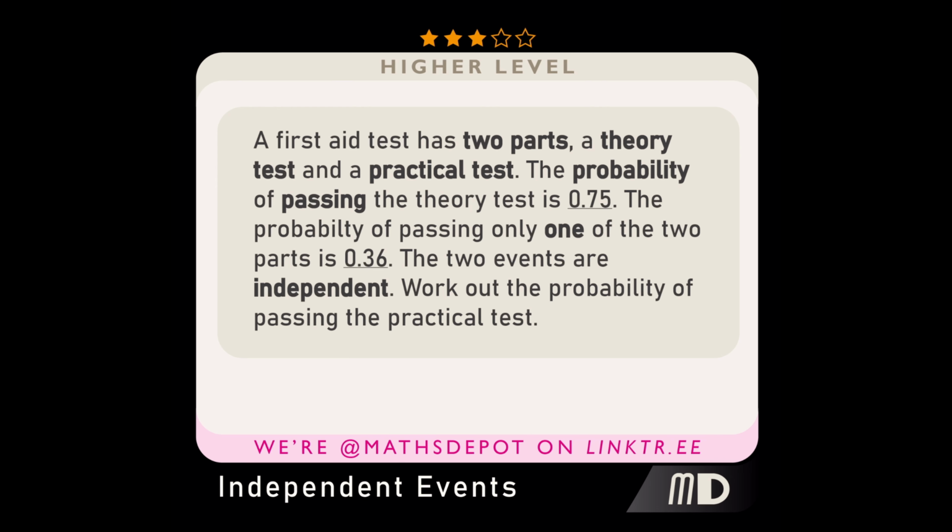The question tells us that the probability of passing the theory part is 0.75 and that passing only one of the two parts is 0.36. The question asks us to find the probability of passing the practical test.